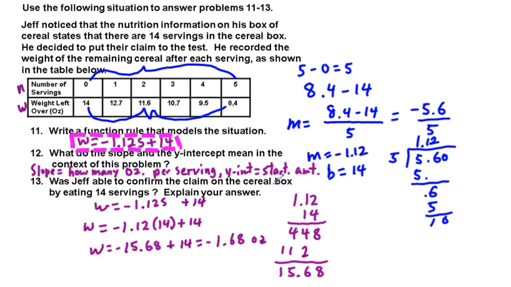So, explain your answer. Was JP able to claim? No, he wasn't able to confirm because he used too much cereal. So no. And why?